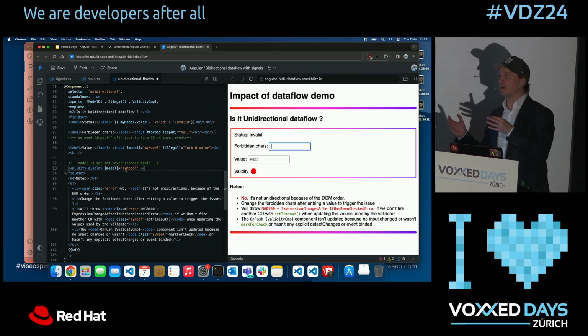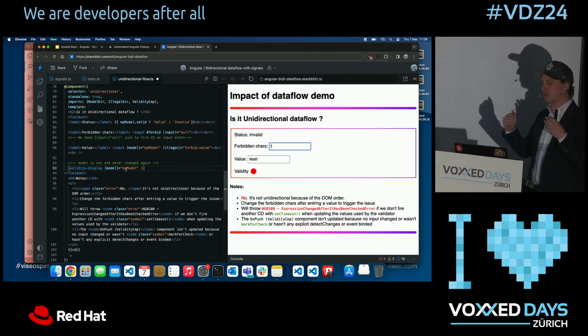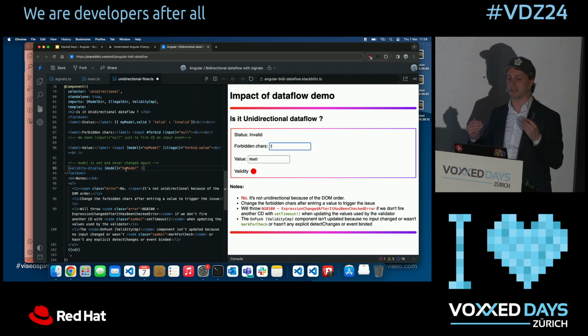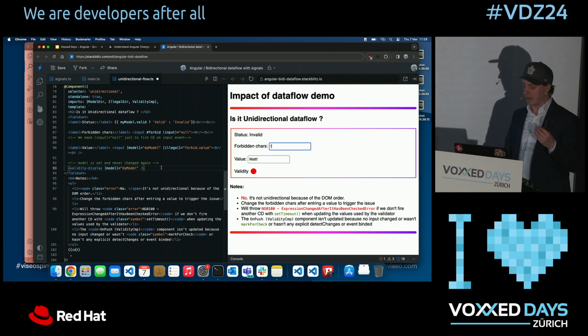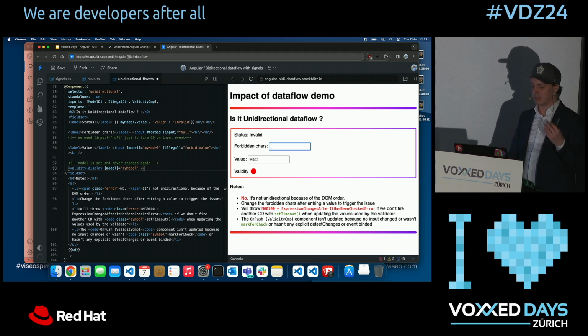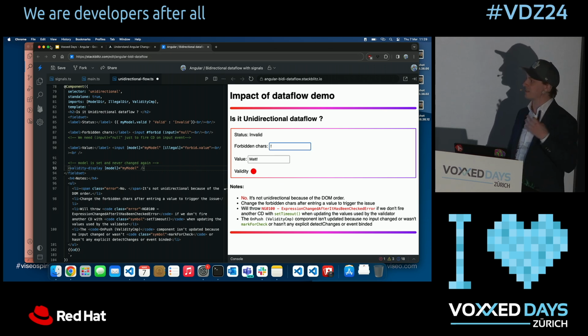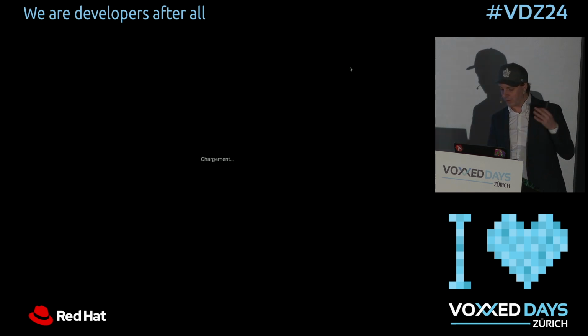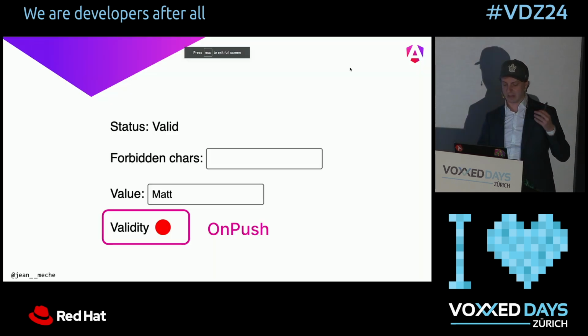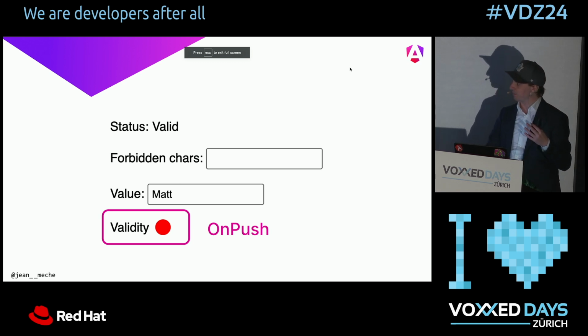So using OnPush has some consequences. We need to know that if we change something, we need to use immutability. So here, we just broke something by using OnPush, and this is one of the cases that's kind of hard. So when we do that, we have to know that it can break.